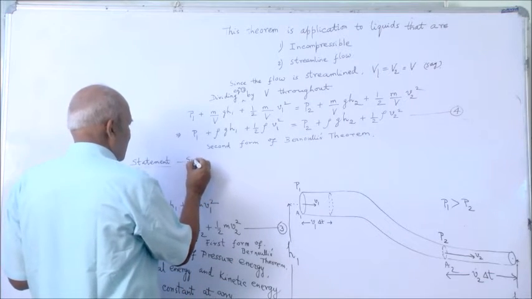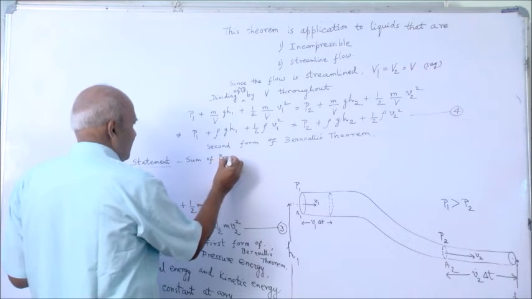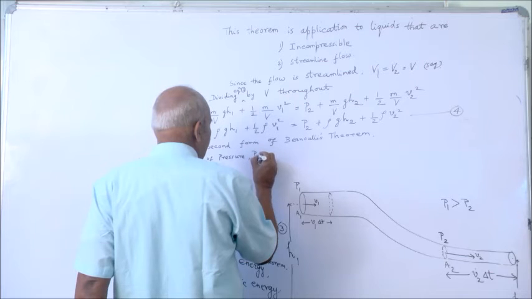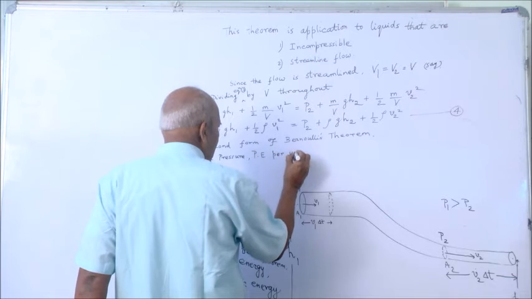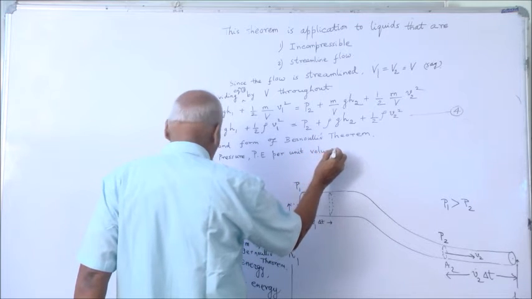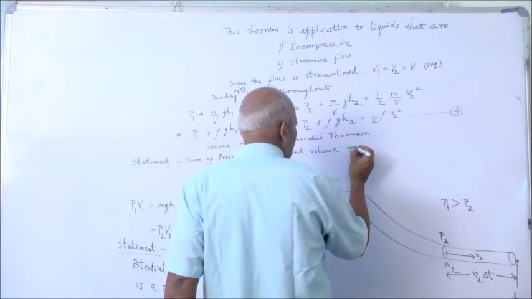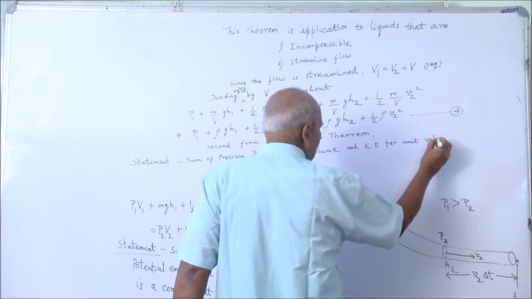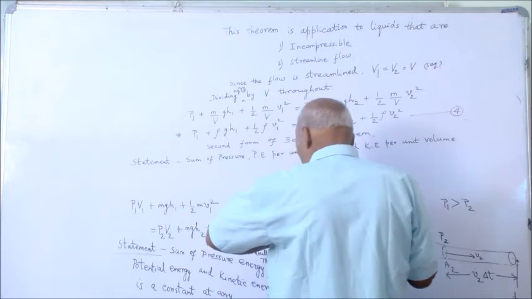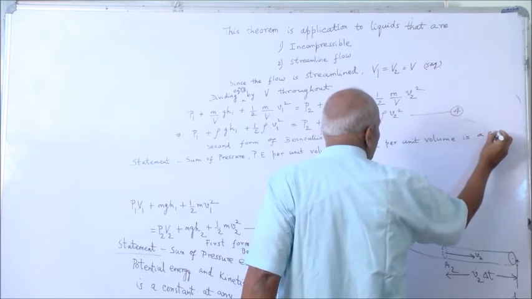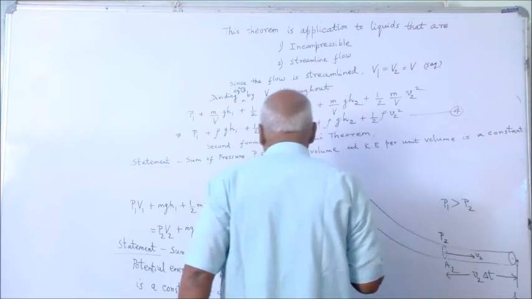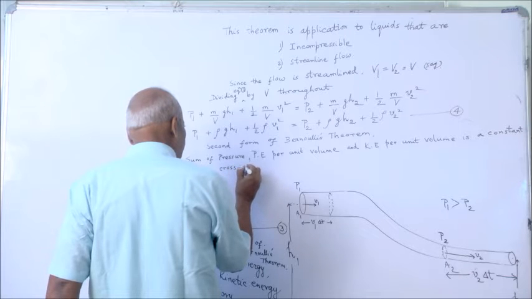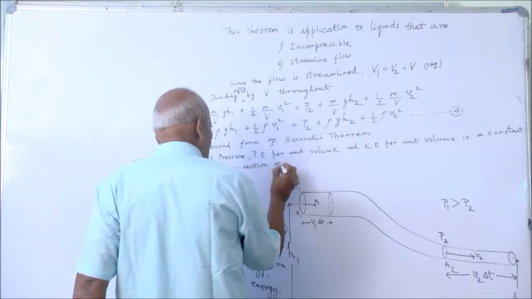So, it is the sum of pressure, potential energy per unit volume and kinetic energy per unit volume is a constant at any cross section of the tube.